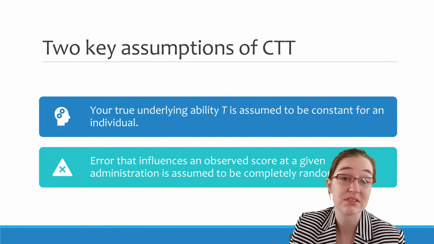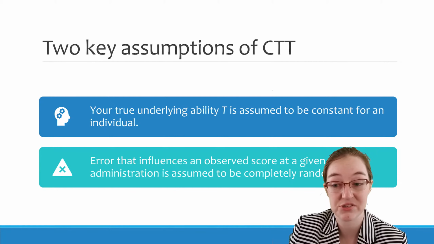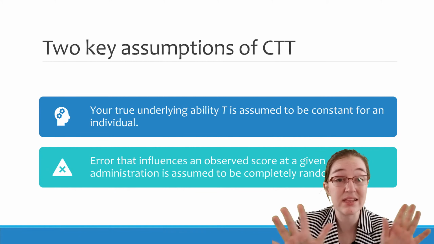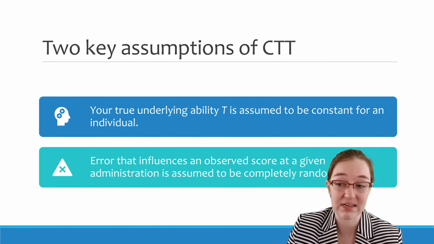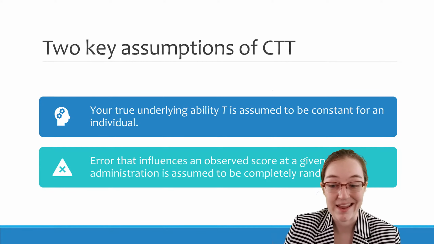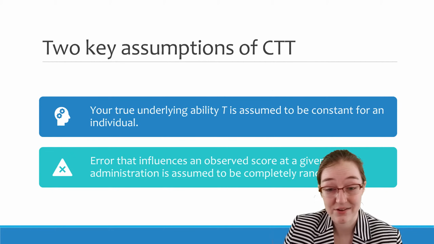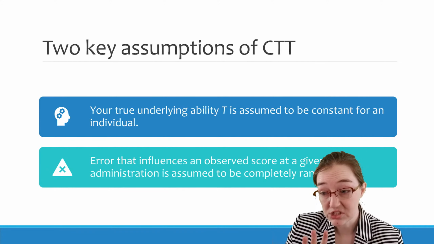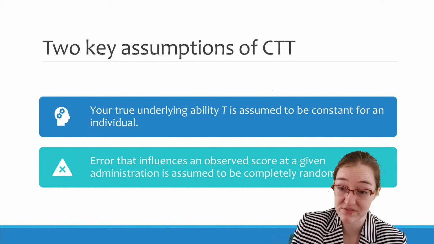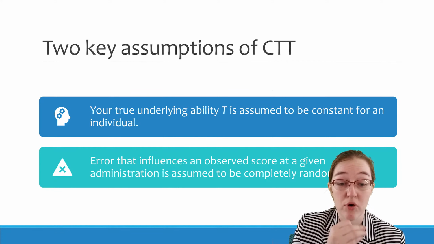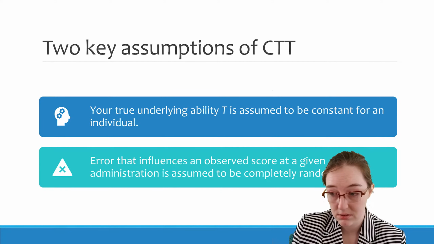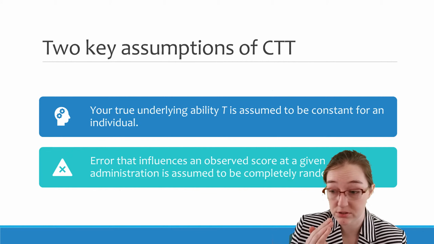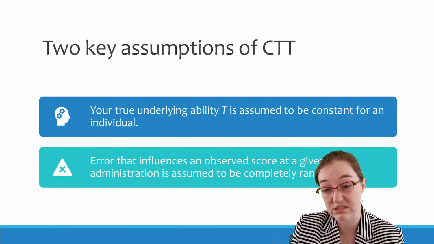Two, errors that influence an observed score at a given administration are assumed to be completely random and thus unrelated to your true score and any other error score from another administration. So at one administration of the test, some form of error is going to occur, and that could cause your score performance to decrease by 2 points.